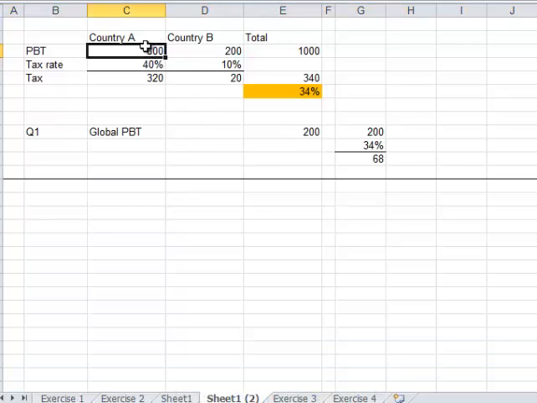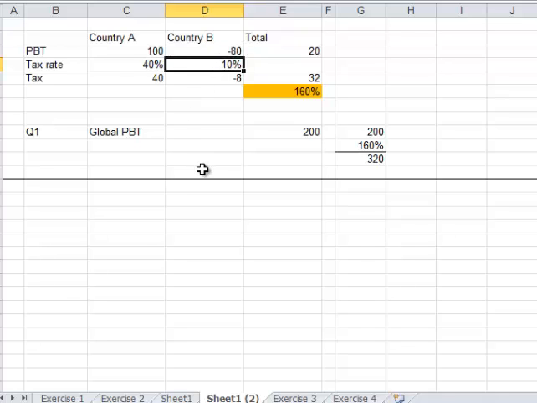Okay, so tell me what you want your facts to be, Carol. So we're in two countries. Country A has PBT of, let's say, 100. Country B has a loss of 80.